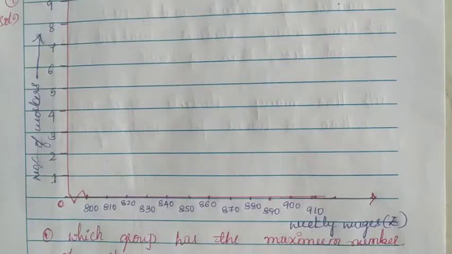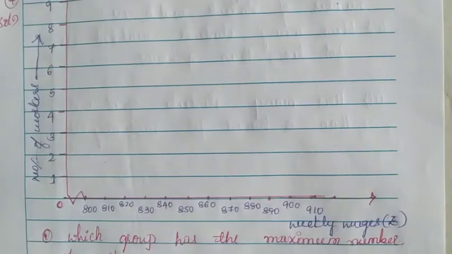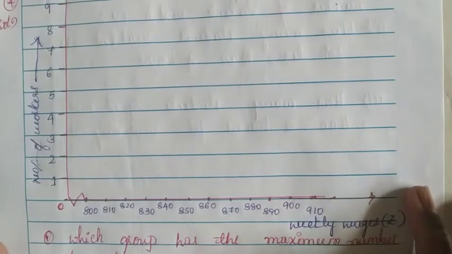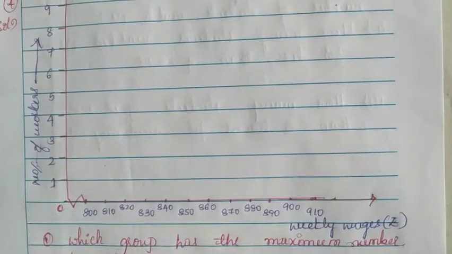Yes, now come to the solution. See children, here is a histogram with an x-axis and a y-axis. In the x-axis, let us take the weekly wages of 30 workers in rupees. In the y-axis, take the number of workers. Now let us draw the bars according to their frequencies.